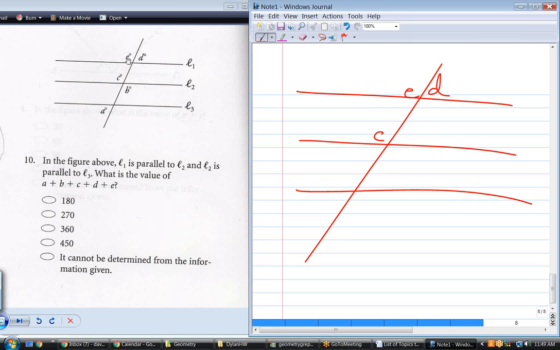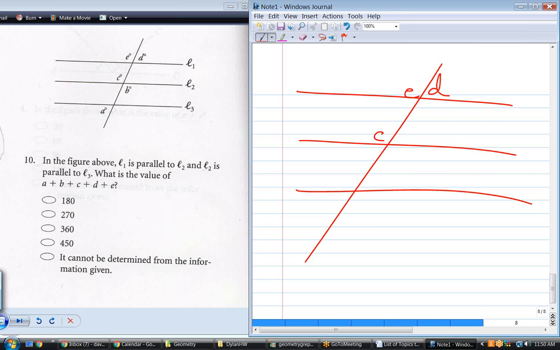Are they equal or are they supplementary? When you're dealing with parallel lines and a transversal, those are the only 2 answers. They're either equal or supplementary. So E and D are supplementary, a linear pair, and also adjacent. E and C are not adjacent. They are corresponding, but what does that mean about them?